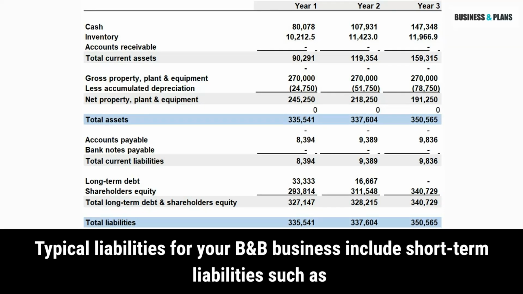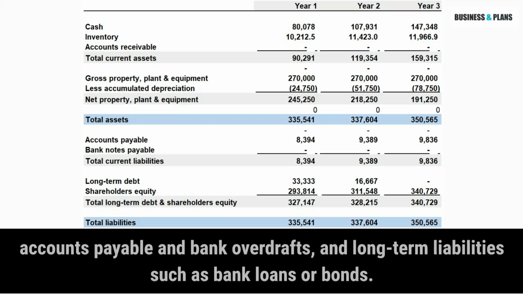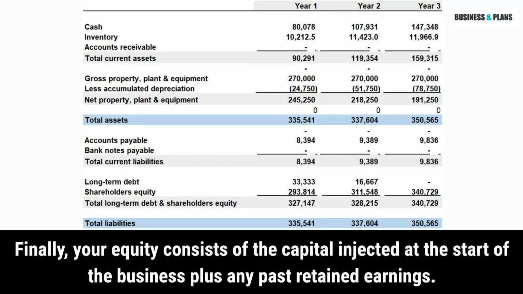Typical liabilities for your B&B business include short-term liabilities such as accounts payable and bank overdrafts, and long-term liabilities such as bank loans or bonds. Finally, your equity consists of the capital injected at the start of the business plus any past retained earnings.